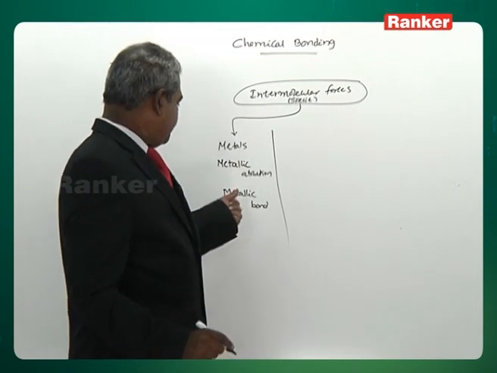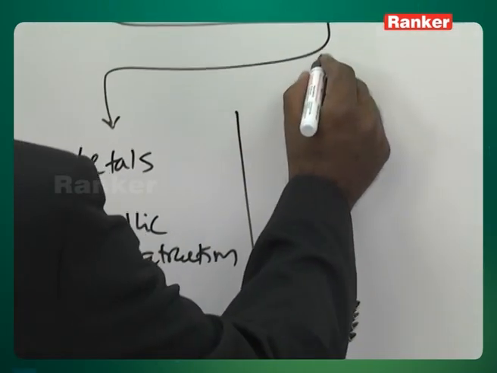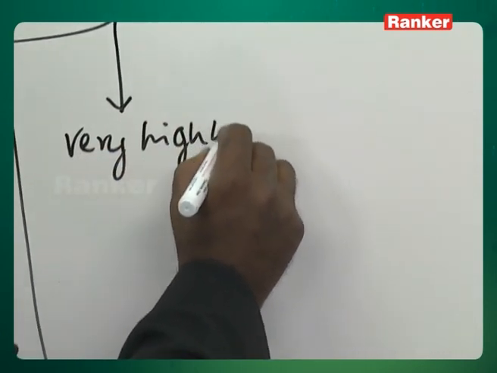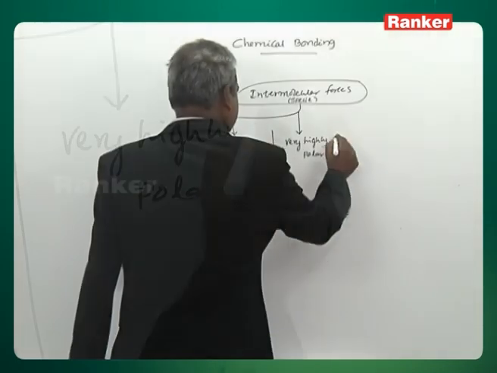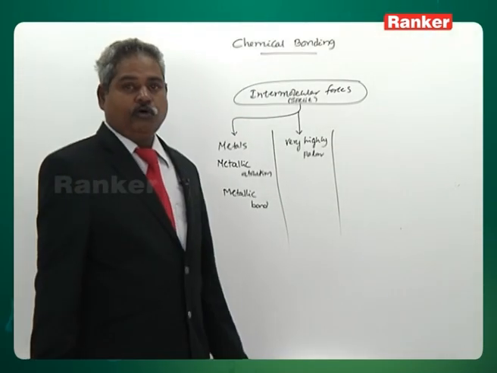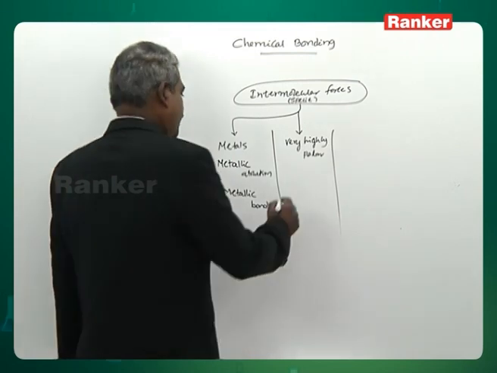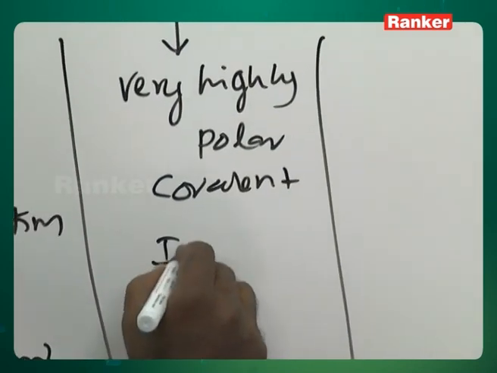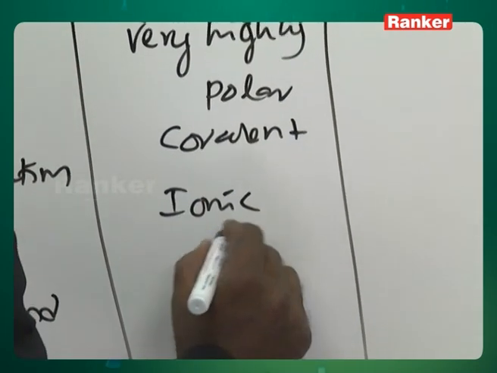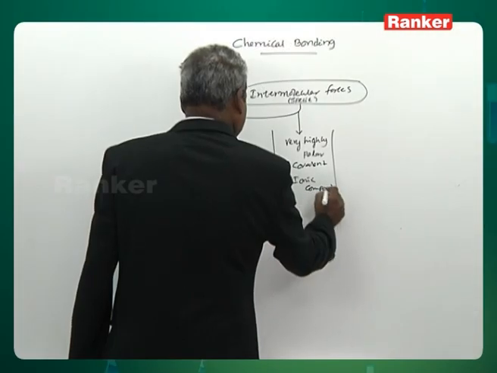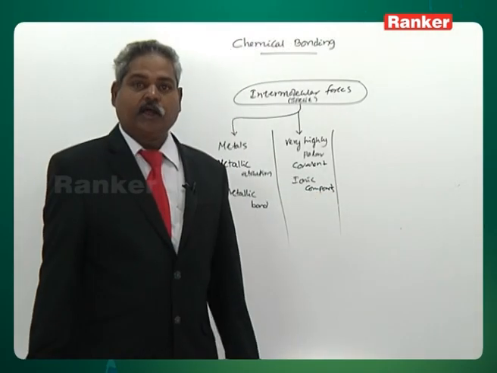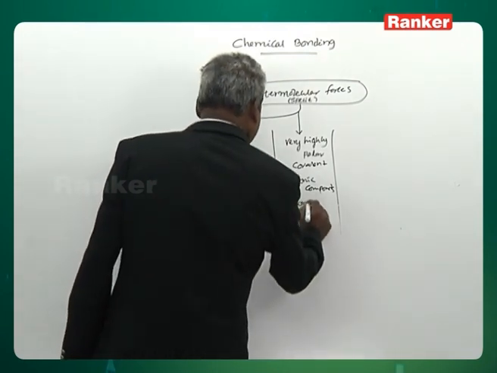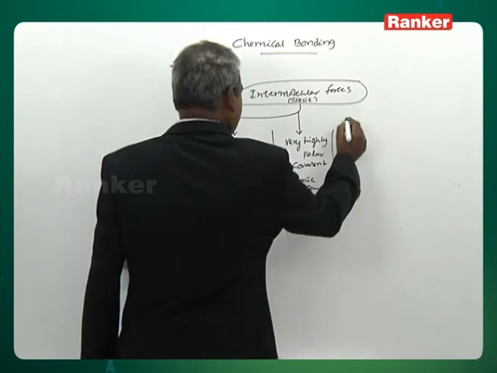So, metals have metallic bond, and then very highly polar covalent substances. As we were defining, very highly polar covalent substances are ionic compounds. In ionic compounds, the attractions are very highly polar in nature. The bond is called ionic bond.